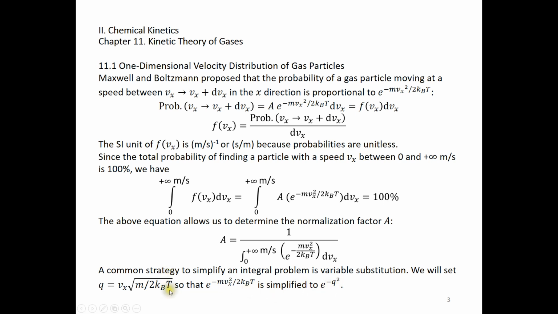Again, let's look at this. This is mVx squared. If we square this part, you get mV squared. On the bottom you have 2kBT. So if you just take q squared, you get this squared, which is just this part.